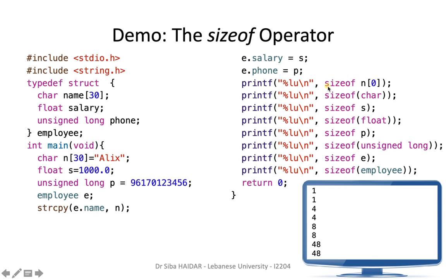So either you can put a variable name without parentheses, this is an expression, or you can put a typecast float between parentheses. So every two lines will give me, of course, the same thing. The size of a character is the same thing as the size of a variable of type character. So I have 1, 1, 4, 4, 8, 8. This is to show you how to use the operator sizeof.